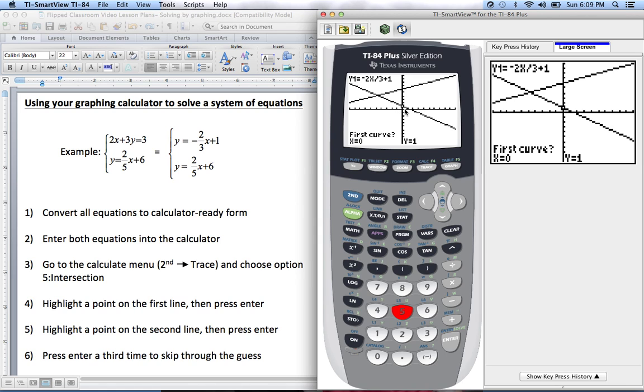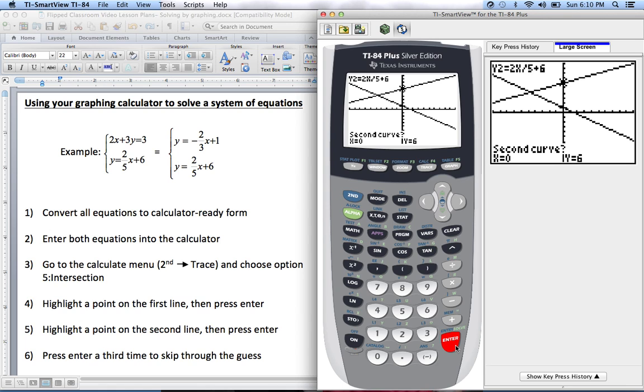Right now my cursor is currently flashing at (0, 1). So I can choose any point on my first line by pressing enter to select my first line as the first curve. Well, it would seem that I have selected only one point on that curve, but in actuality I told the calculator to use the entire line.